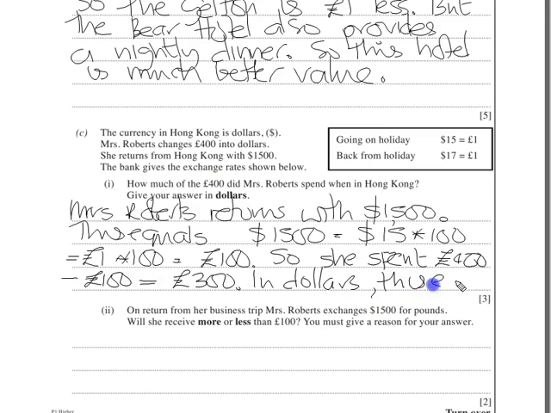This equals, now sorry about my writing being so large, so I'm going to have to put it down here on this page because I've written it so large. So in dollars this equals then £300, and there was the exchange rate that she did, so she got £300. Give your answer in dollars, so it'd be $15 for each pound, and there's £300, so we've got £300, which equals 300 times, each pound is worth $15.